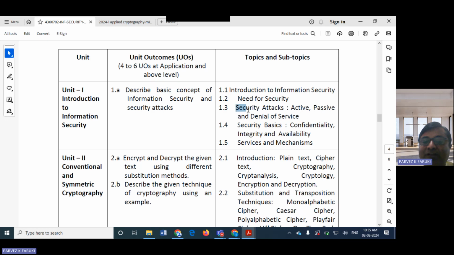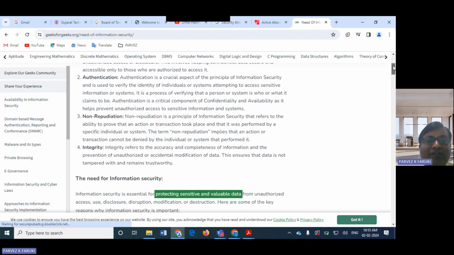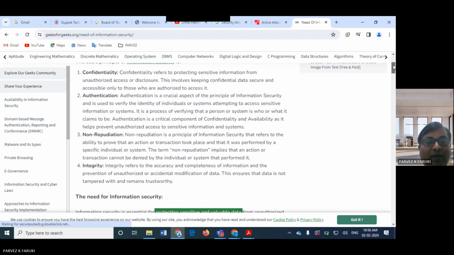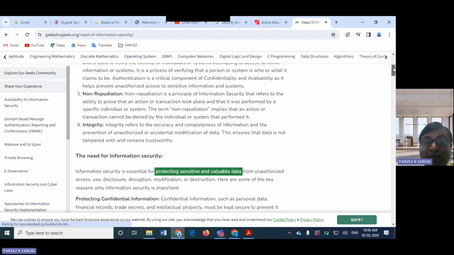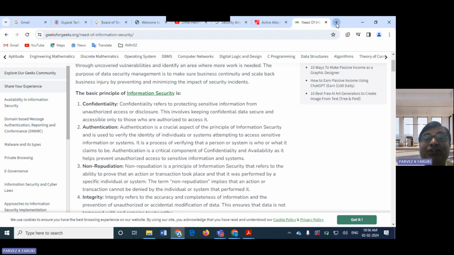So now if you see this, active or passive attack and denial of service. We also discussed the basics of security: confidentiality, integrity, availability, and we discussed one more, if you see here, which is important for us: confidentiality, integrity, authentication, non-repudiation. So availability is an attribute that we need to ensure. Why?